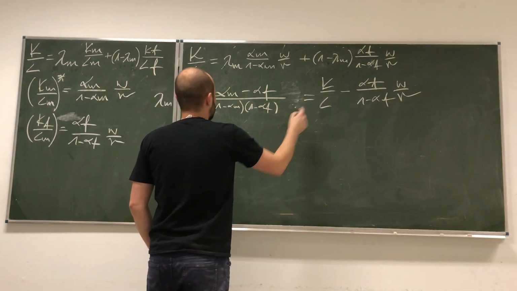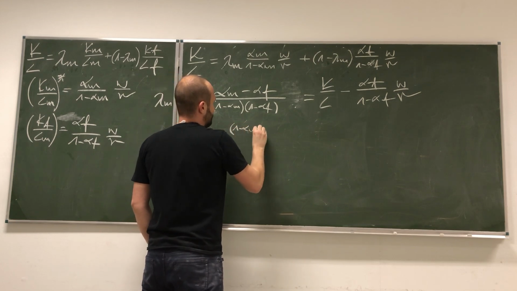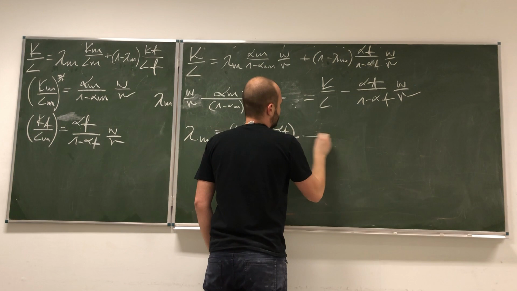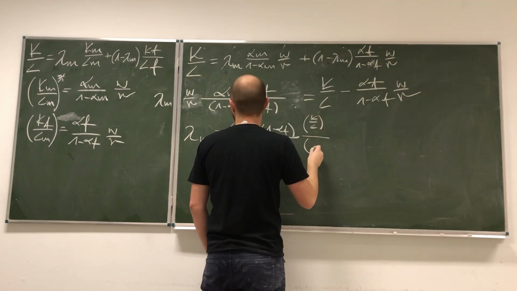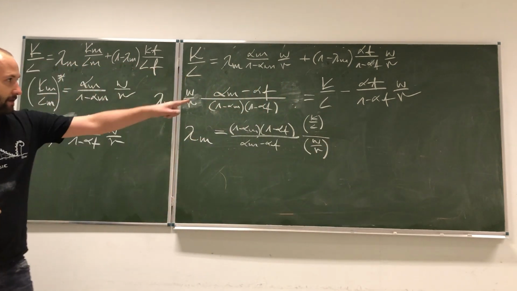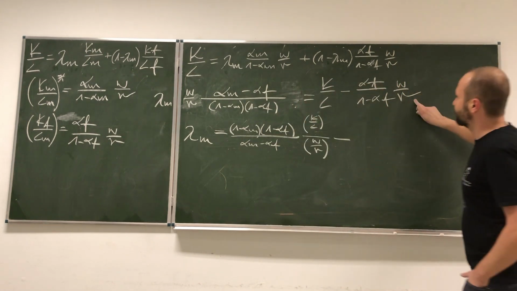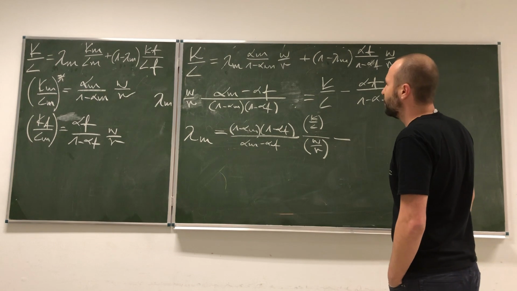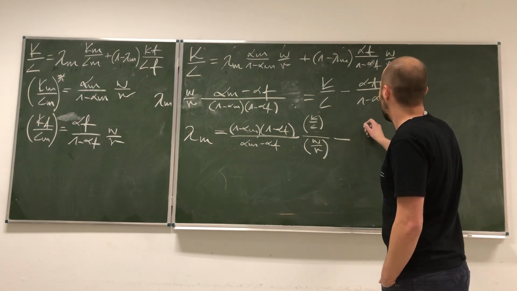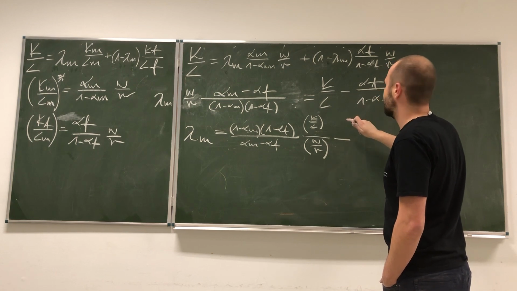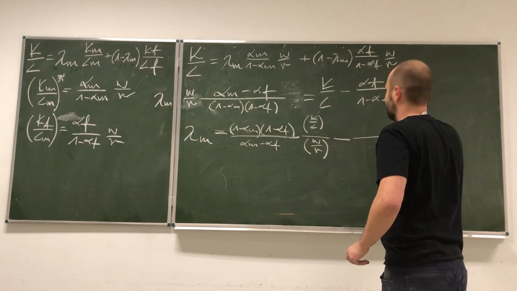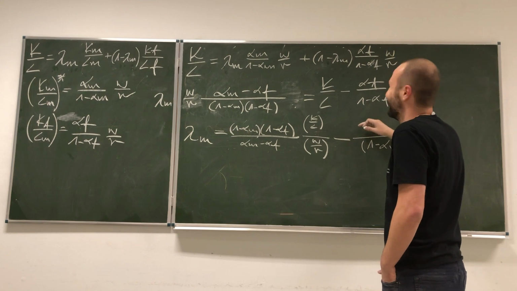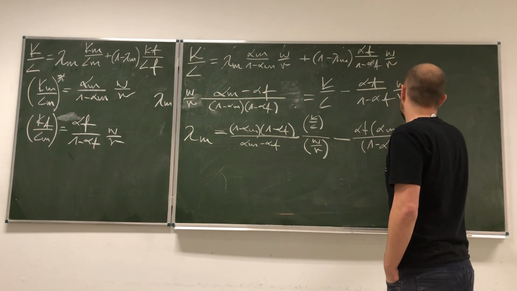So I'm getting out of this expression that this is going to be 1 minus alpha m times 1 minus alpha f over alpha m minus alpha f, and here k over l divided by w over r, and here we will have minus, those two will cancel each other out, and we will get that this is 1 minus alpha m over alpha f, alpha m minus alpha f.